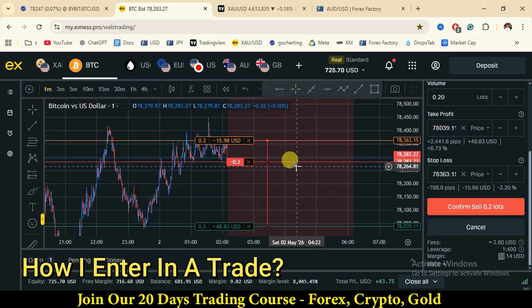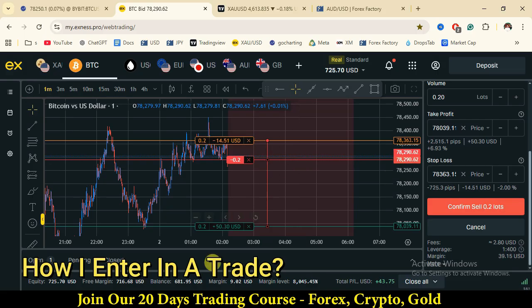This is not like any other gambling game. This is a real market. So when you enter a trade, you have to understand you don't need too much money, you need knowledge.